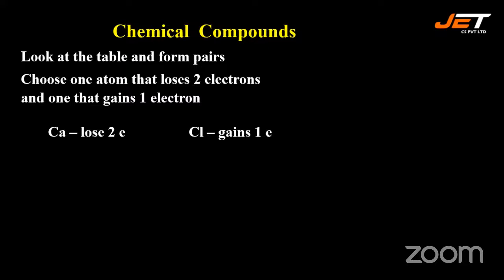See, calcium loses 2 electrons, chlorine gains 1 electron. So what will happen? It is a different case. Here someone is losing 2 electrons, but the gainer takes only 1. It's like someone is giving you more food than you can eat, so there must be a friend of yours who can eat also.